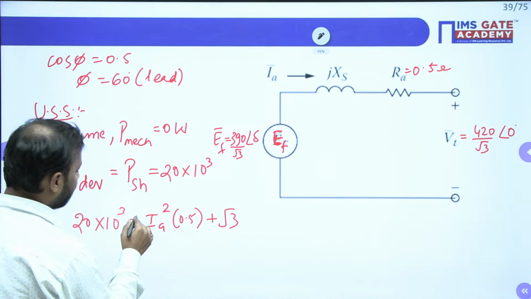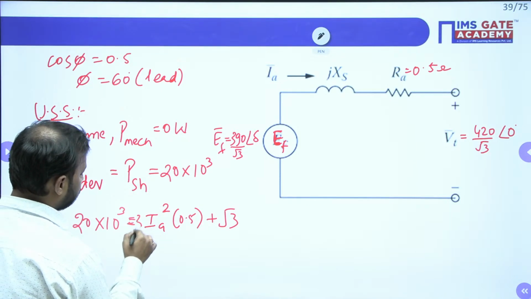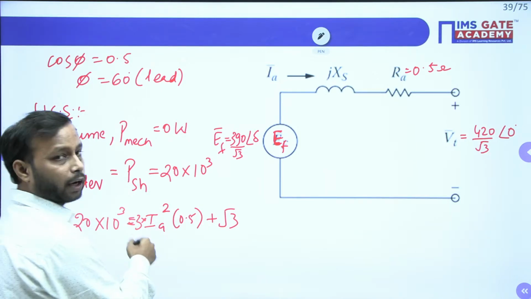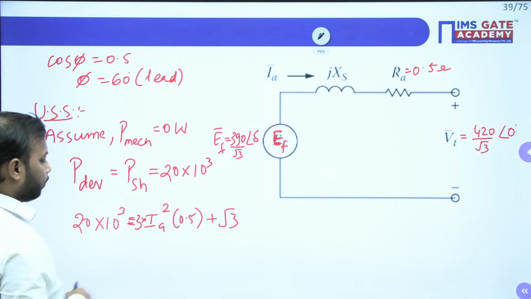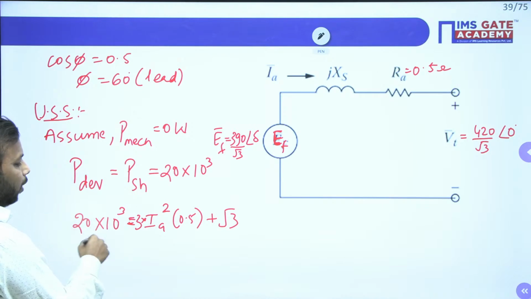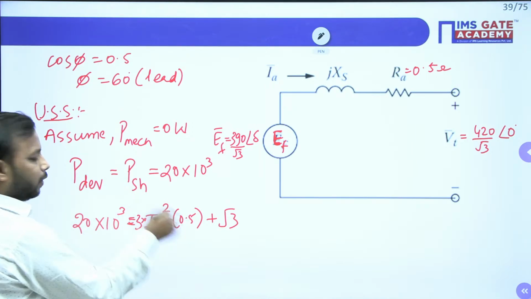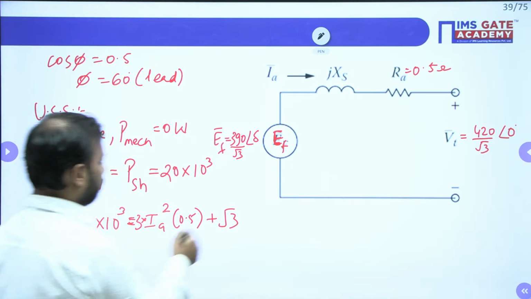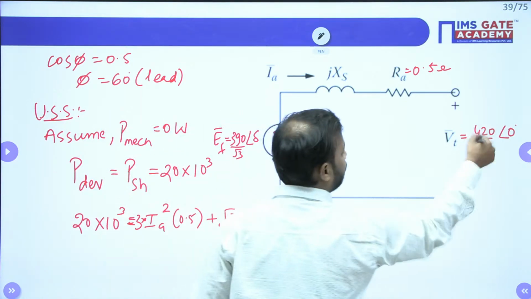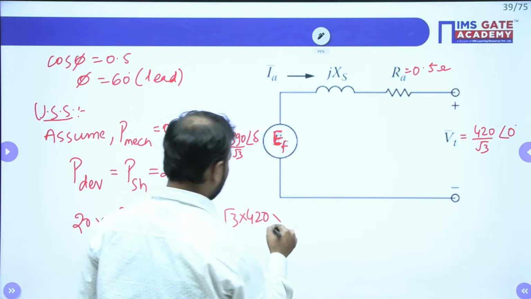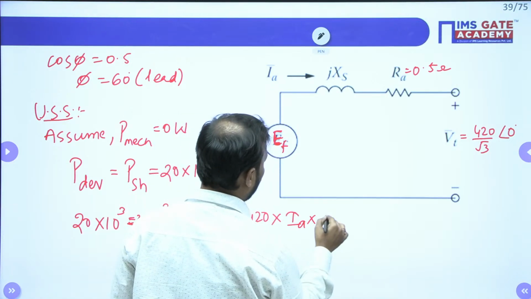Here I forgot to multiply by 3, because if you forget, it will become a single-phase loss. Since you are taking 3-phase power, multiply this loss with 3 itself. Plus √3 into VT, VT is 420. This is per phase, line is what? 420. Into IA, which is unknown, into cos phi, which is 0.8.